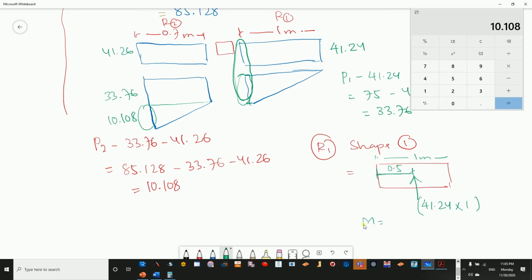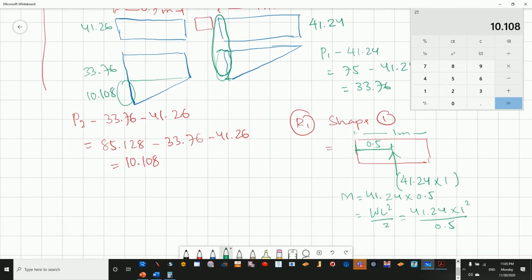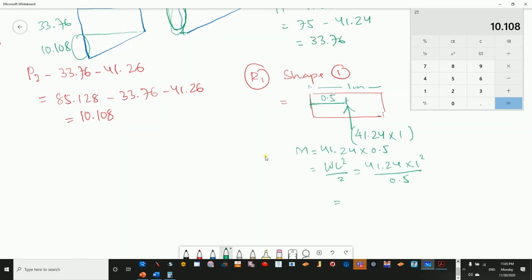So it's going to be 41.24 multiplied by 0.5, or you can use WL squared over 2, which is 41.24 into 1 squared divided by 2.